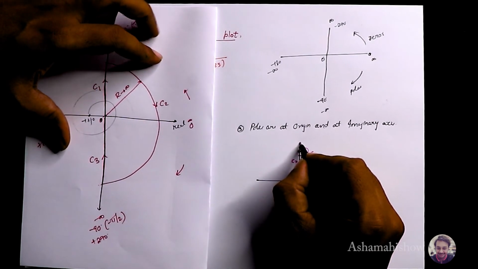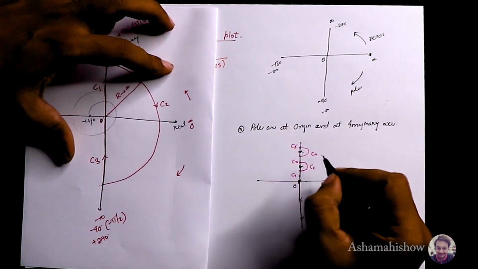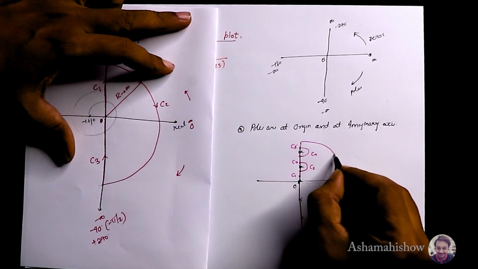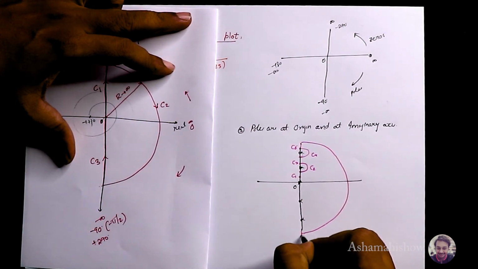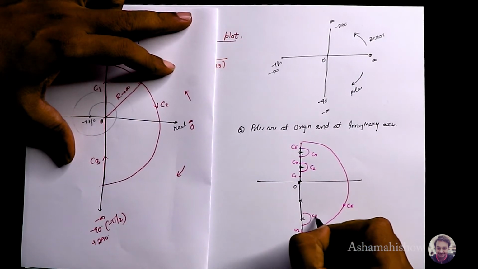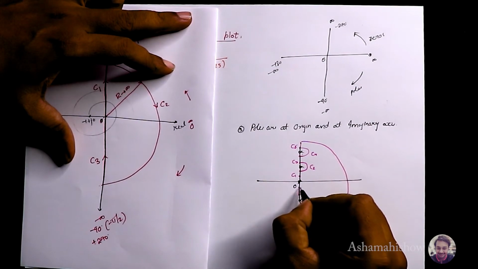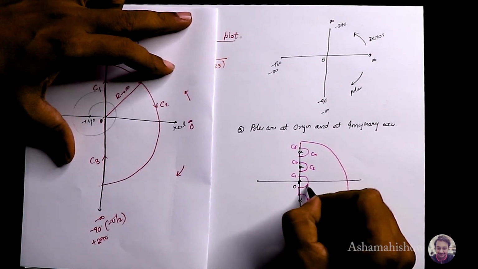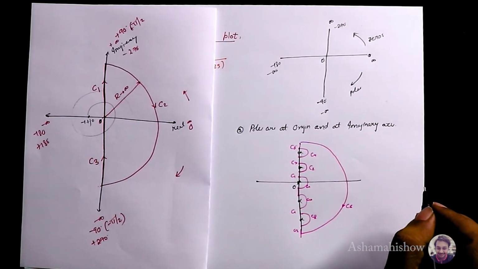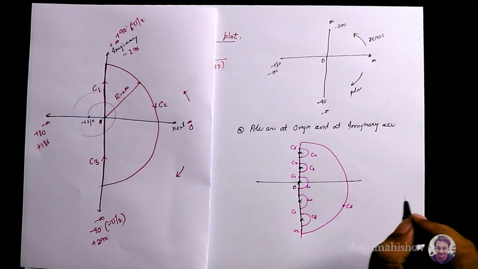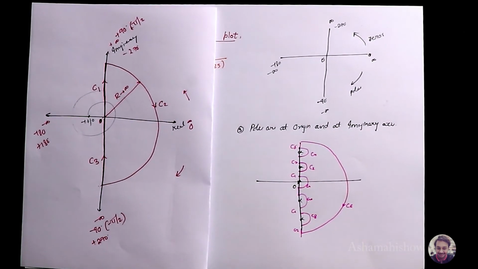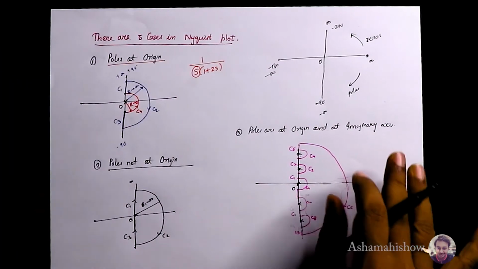Then it extends C5. As we don't have any pole, definitely it takes a big turn, which is C6, C7, C8, C9, C10. And this is how it covers. The important thing is your Nyquist plot should not touch the pole. That is the very important part you have to understand.